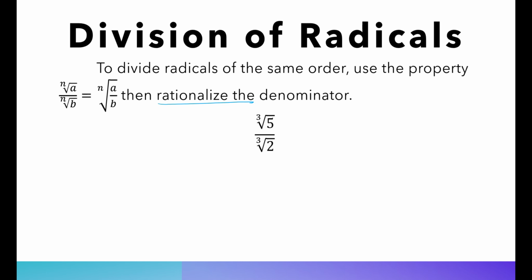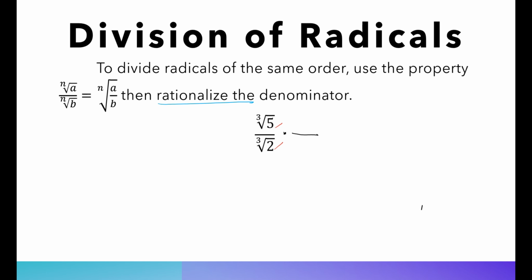And to rationalize the denominator, we have to think of a radical expression that, when multiplied to both the numerator and the denominator, would make the denominator a perfect cube root and eliminate the radical sign.